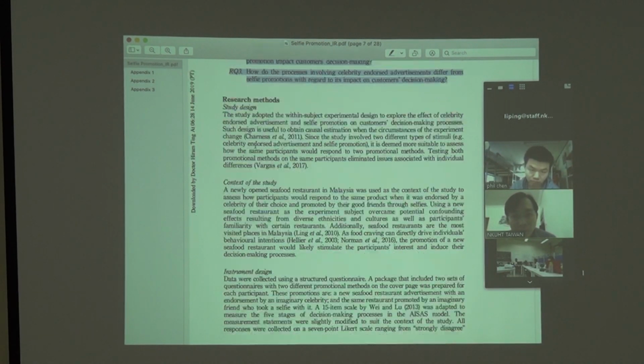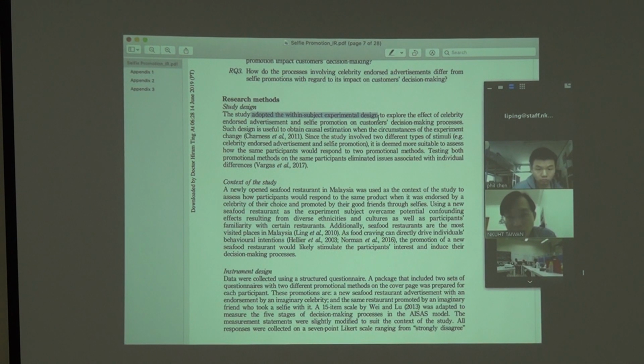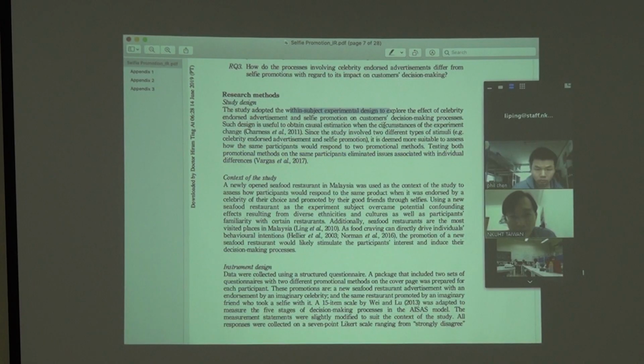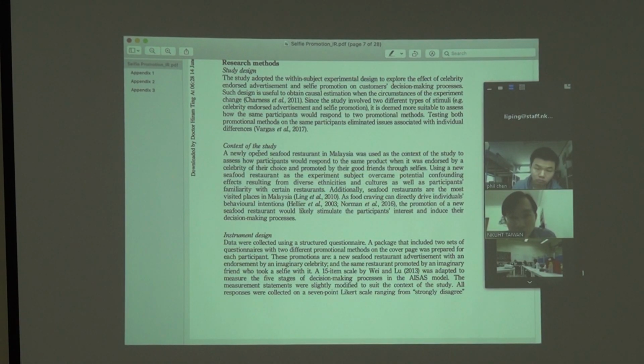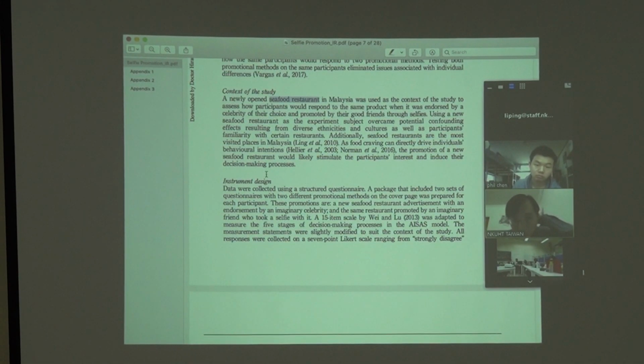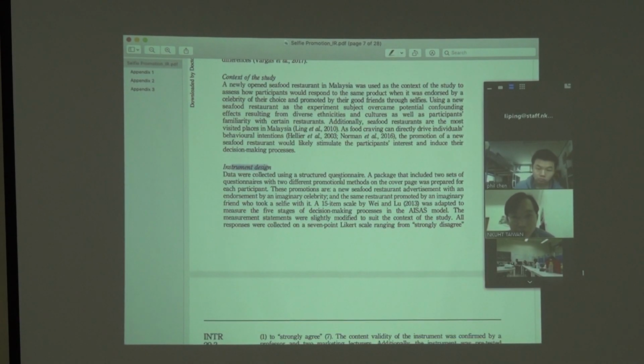Now, this is how we explain in a journal article. For a thesis, you may have to write more than this. For us, for example, we mentioned we are using a reading subject experimental design, and then we talk about the context of our study, because we are doing an experiment on a seafood restaurant. How do you design your instrument?